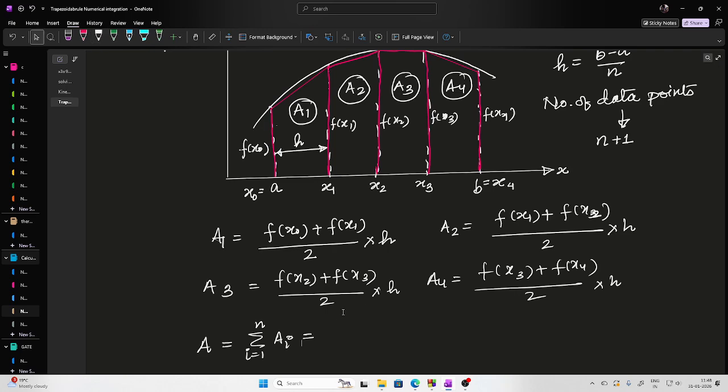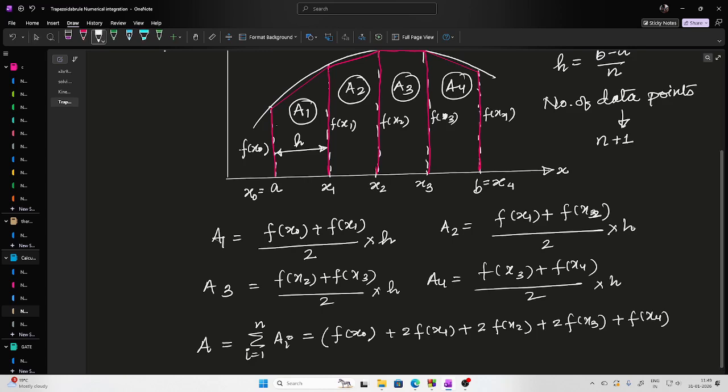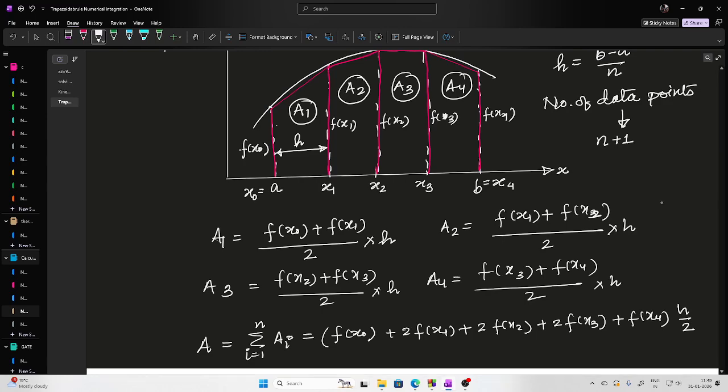So if you add them up, what you will get is f(x0) plus f(x1) and f(x1), so it becomes 2f(x1), plus f(x2) and f(x2), 2f(x2), plus f(x3) and f(x3), 2f(x3), plus f(x4), and h and 2 will come outside, so it is h by 2.